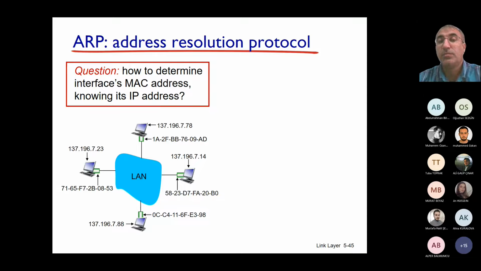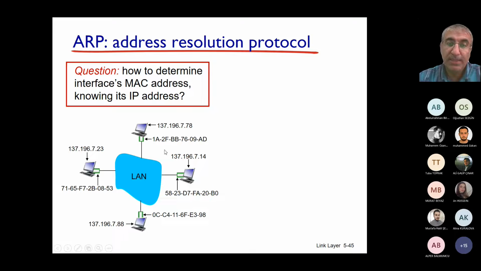So how do we determine an interface's MAC address, knowing its IP address? That's the main question that we need to address. I have a node and I know its IP address, but how can I determine the MAC address of this node? We use the ARP protocol for this purpose, which stands for Address Resolution Protocol.